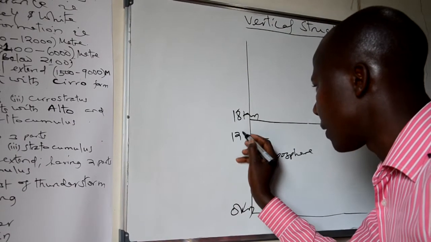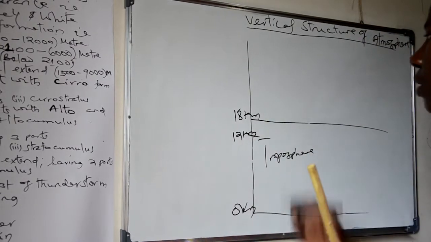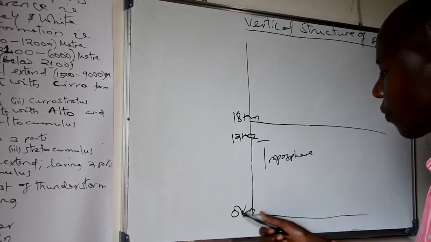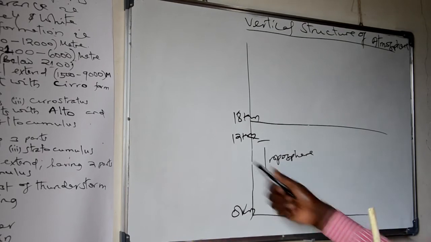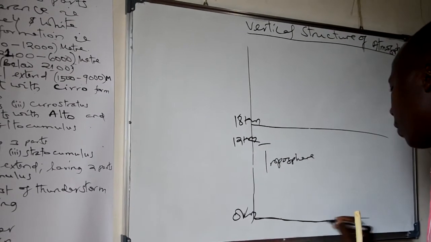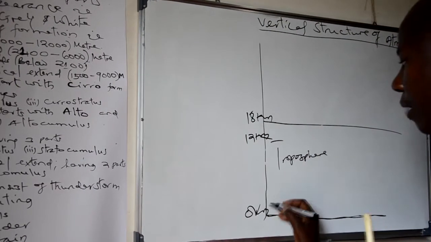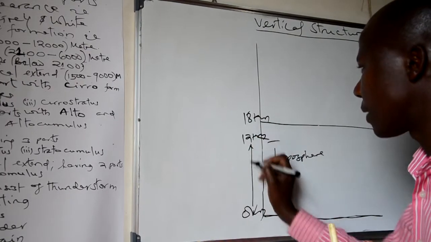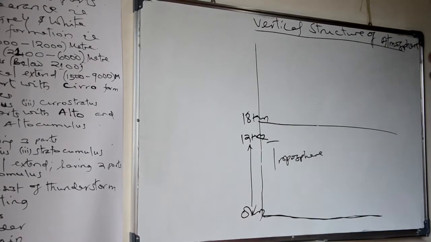It does not extend to 13 or 15. No, 12 kilometers is the limit level of cloud formation above the Earth's surface. Therefore, the formation of cloud takes place in the area of 0 up to 12 kilometers and does not reach the end of the troposphere, which is 18 kilometers.